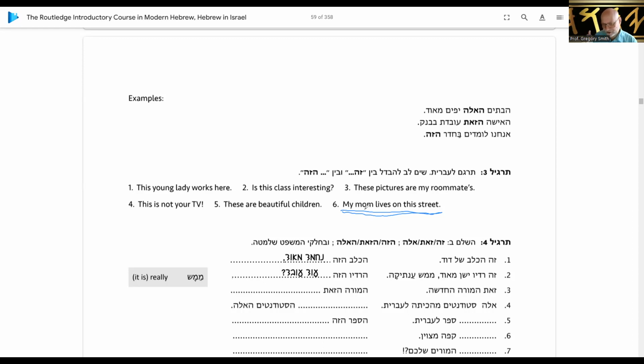How about zot, or let's see, the word for street, ha'ima shali gara. My mother lives, okay, shali gara. There we go. Okay, so my mother, ha'ima shali gara, she lives, zeh, I think it's going to be zeh.